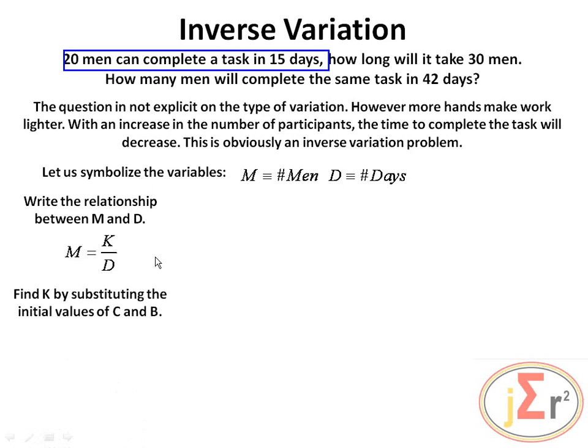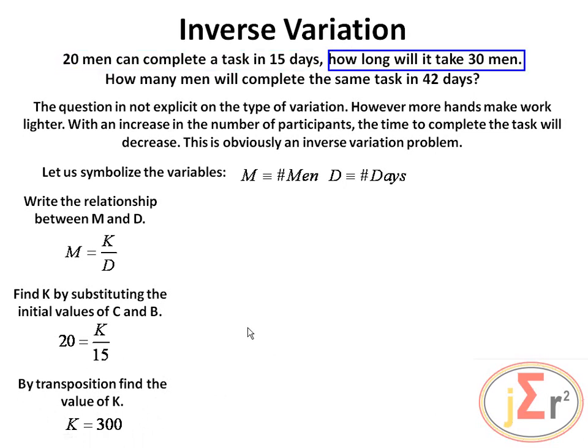It says 20 men can complete the task in 15 days. That's the set of our initial values that we are going to be using to determine the value of k. So the number of men is 20 and the number of days is 15. By transposition, find the value of k. That's easy. k is going to be equal to 20 times 15, which is equal to 300.